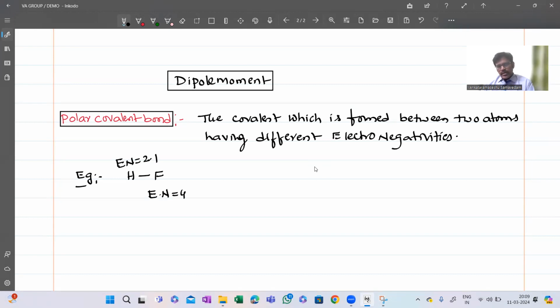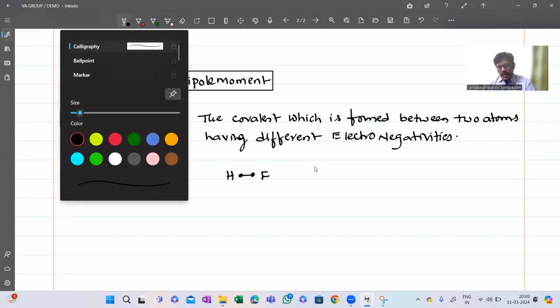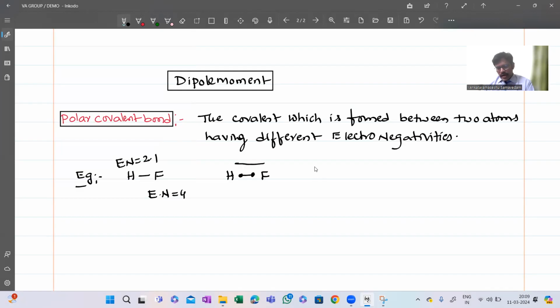Then what will happen? The shared pair of electrons. We know that the more electronegative atom is fluorine, so the shared pair of electrons is migrating towards fluorine. That means this dipole moment is a vector quantity.